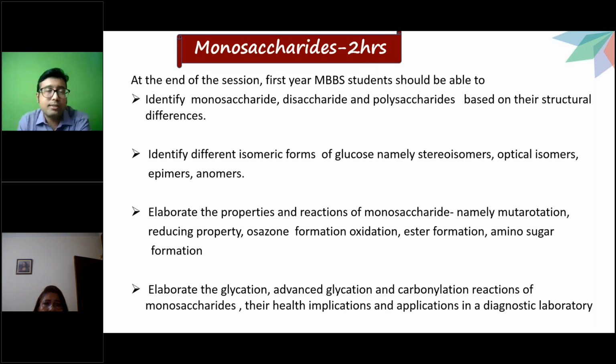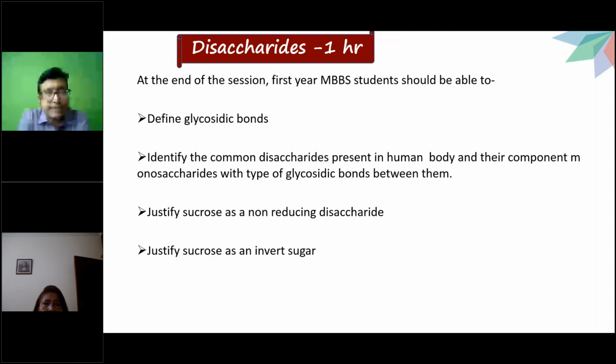Now we are continuing with competency 3.1, disaccharides. In disaccharides, the student should be able to first define glycosidic bond, then identify the common disaccharides present in the human body and their component monosaccharides with the type of glycosidic bonds between them. And they should also justify sucrose as a non-reducing disaccharide and as an invert sugar.